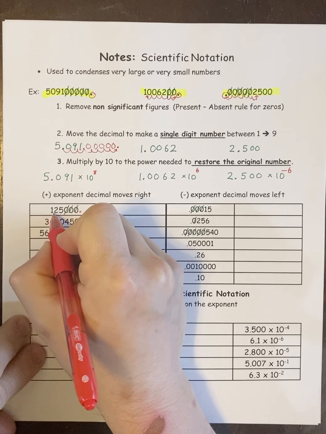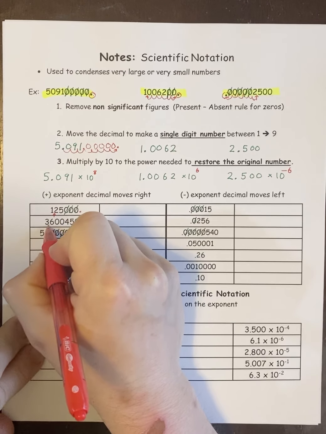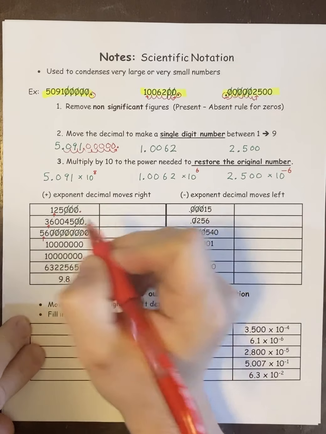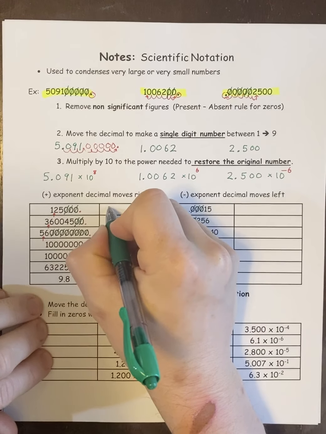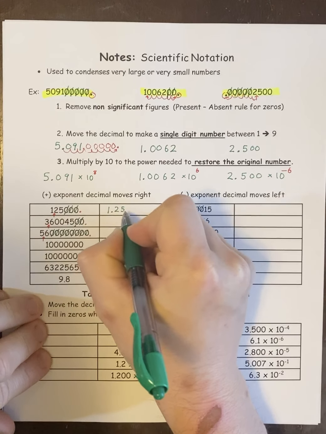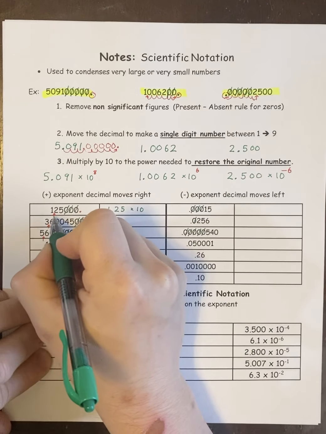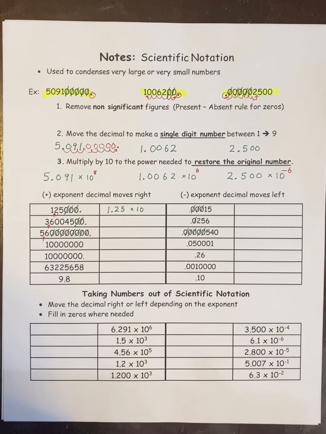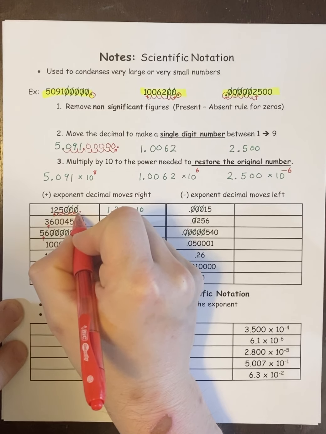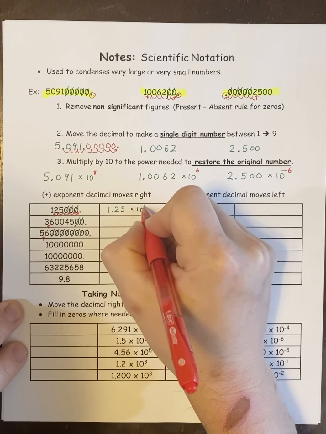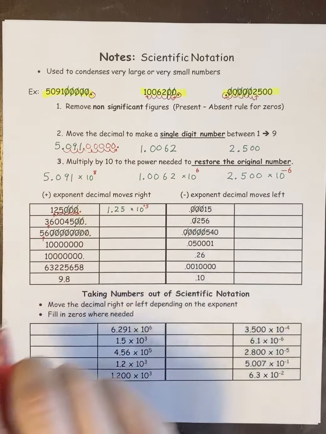Then we put it behind the first non-zero number, which in that case is those locations, and then we figure out how many we have to move it. So this is going to be 1.25 times 10 to the 1, 2, 3, 4, 5 to the right, so it's times 10 to the positive 5.